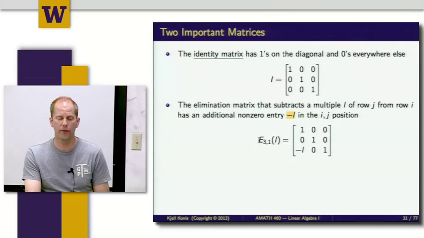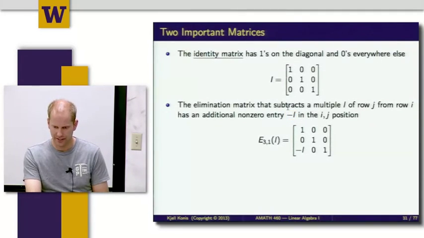So E31 is going to subtract 3 times row 1 from row 3. Is that right? So I want to subtract a multiple of row j. So j is the second index, 3 times row 1, from row i, the first index, from row 3.